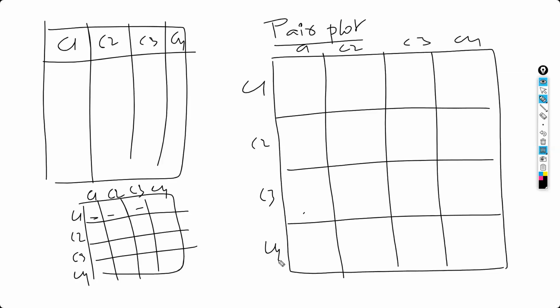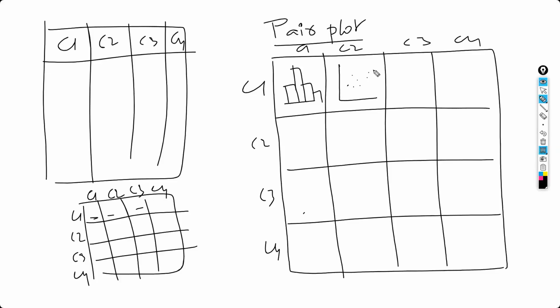Only continuous. Now, between C1 and C1, since both are the same variable, it is going to give the histogram. For two different variables, it will give the scatter plot.